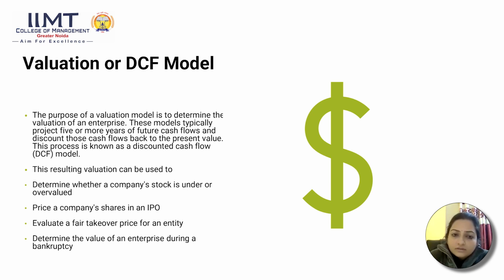In that case, the DCF model is used. In the DCF model, this model typically projects what the future cash flow will be up to 5 years or more, and discounts that cash flow to the present value.